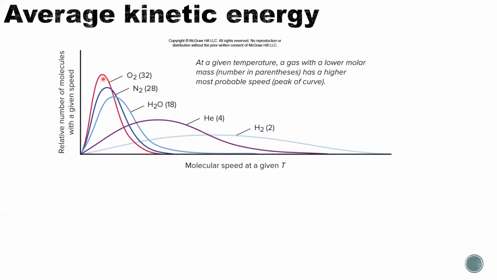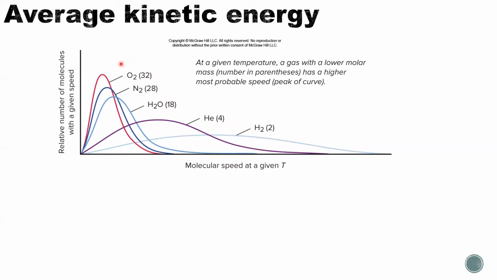You can tell there are different curves in this plot, corresponding to different types of gases. If we compare oxygen and hydrogen, the molecular weight of oxygen is 32. The molecular weight of hydrogen is 2. So oxygen is heavier than hydrogen.